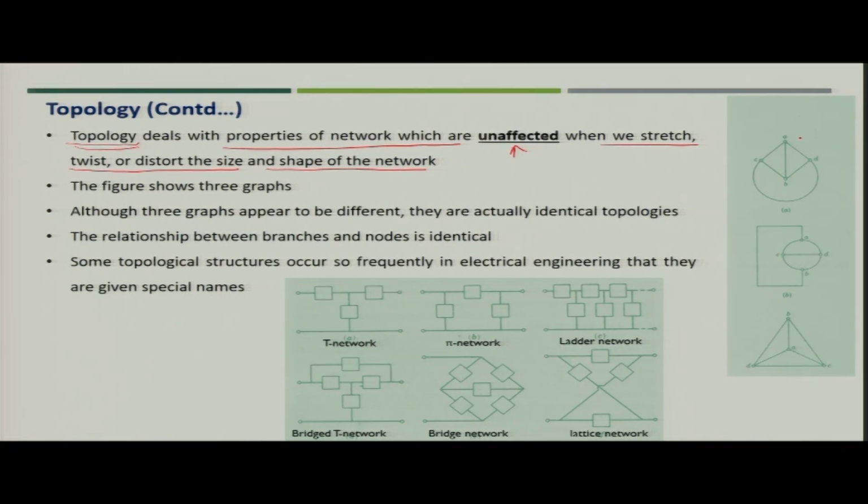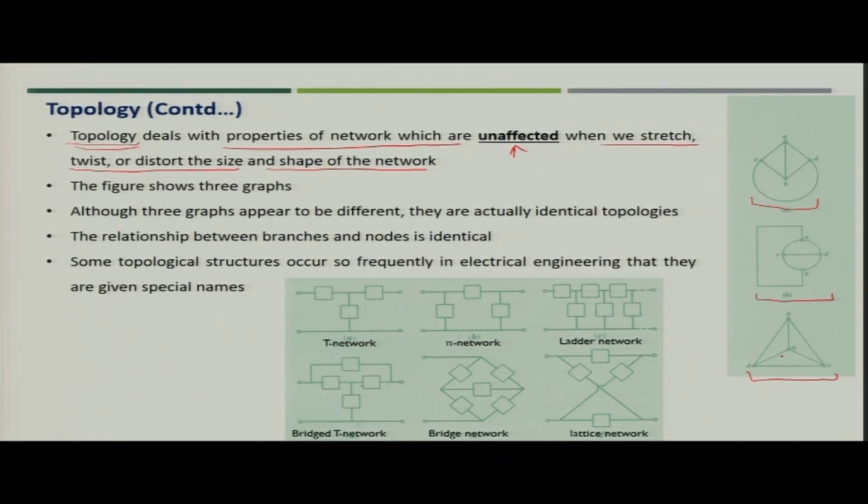Say in this example, if you see the topology of one particular circuit is like this, where A, C, B, D and A, B are connected in this fashion, and there is another circuit where you create the topology in this fashion, where these elements are connected like this, and a third one where the circuits are connected in a triangular fashion.